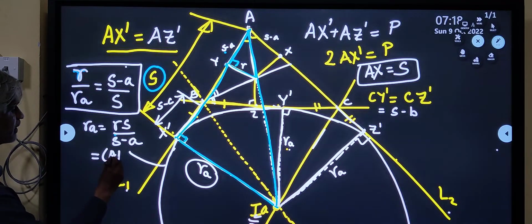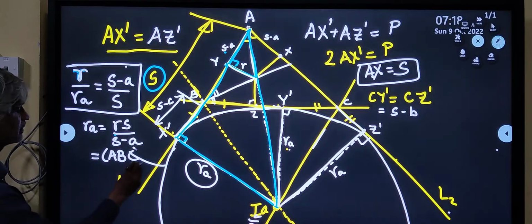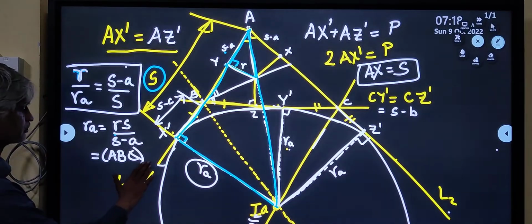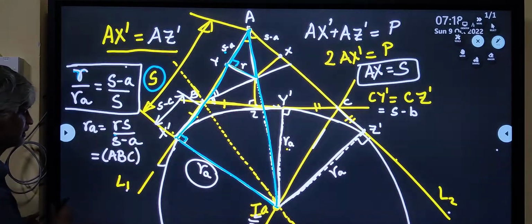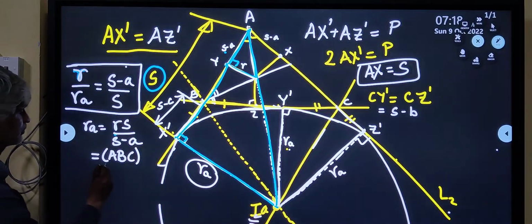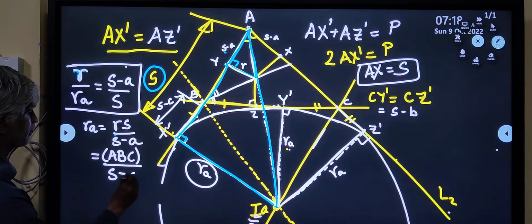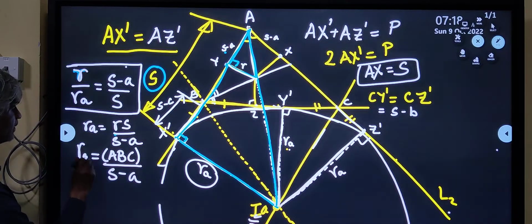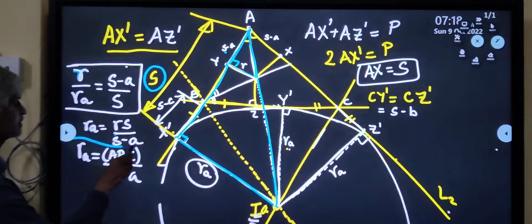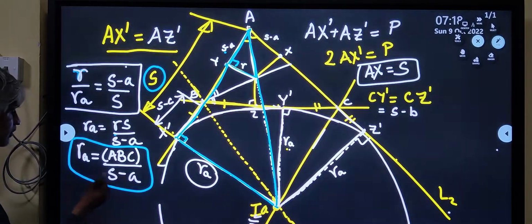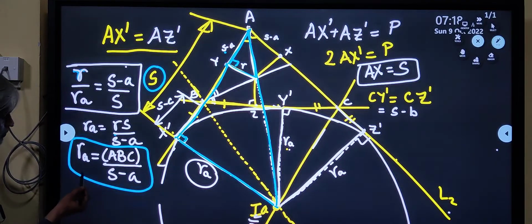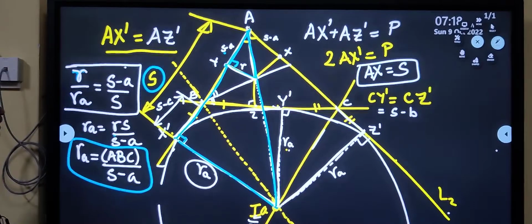So the area of the triangle ABC divided by s minus a is your R_A, which is the radius of the excircle. And of course, by symmetry, we can write down the formulas for R_B and R_C, which I shall not bother to do.